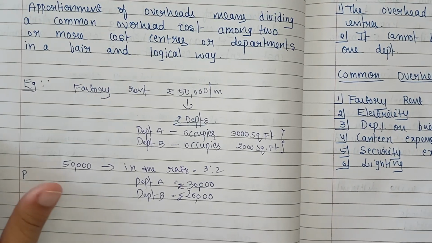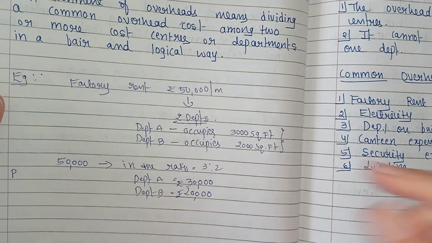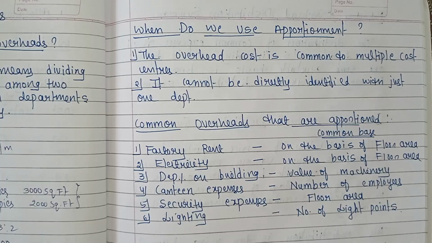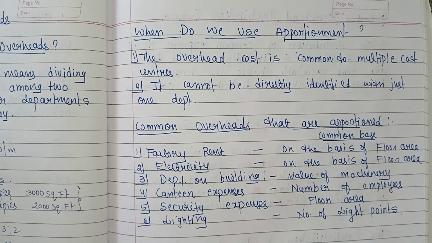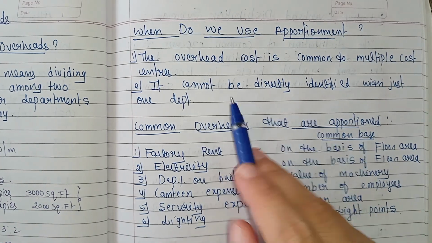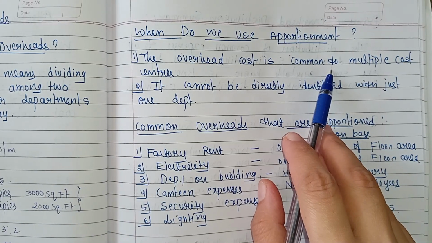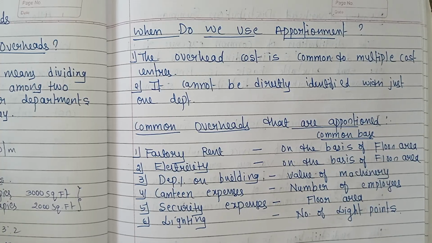So now the question will arise, when do we use apportionment? Allocation is very simple, right? Assigning the whole cost to a single cost center. But apportionment, when do we use it? First, the overhead cost is common to multiple cost centers. See here, this factory rent covers two departments. In that case, apportionment is suitable, right?